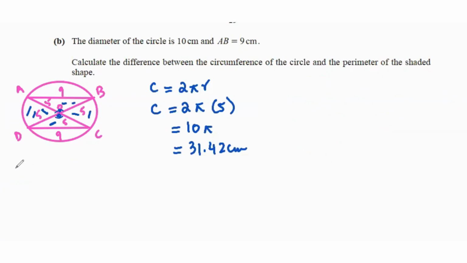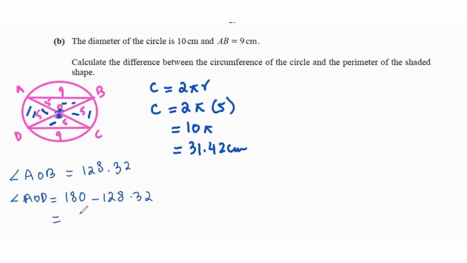Now that we have angle AOB, we can find angle AOD. AOB is 128.32, so angle AOD will be 180 minus 128.32, which is going to give us 51.68.